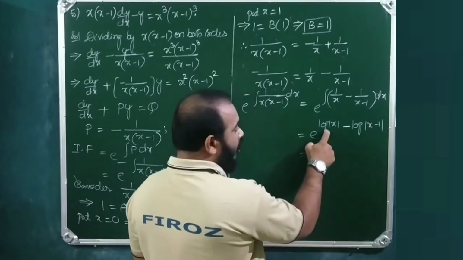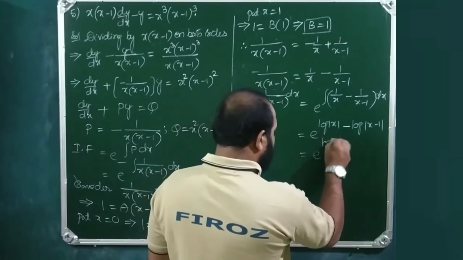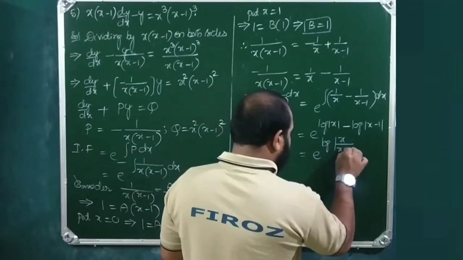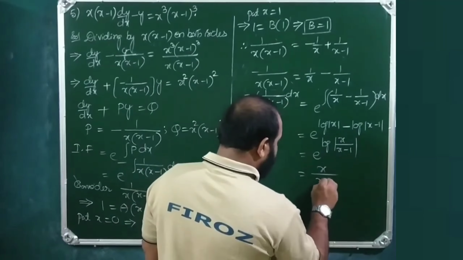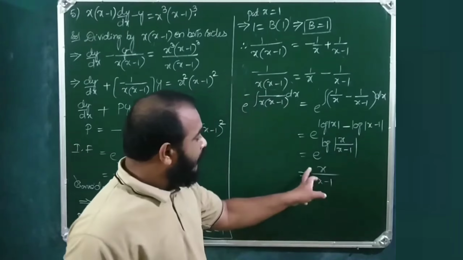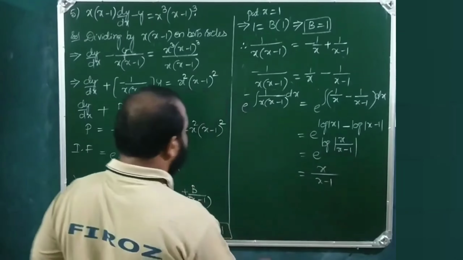So log a minus log b is log a by b. So log x by x minus 1. So this is simply x by x minus 1, since e power log f of x is nothing but f of x only.